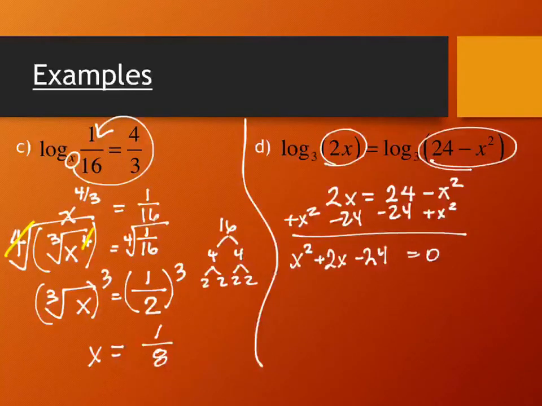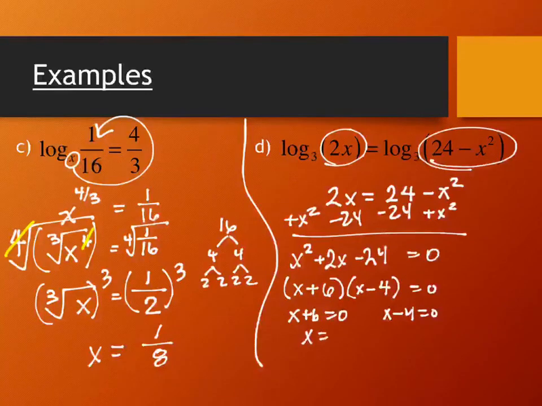We would factor this. Sorry, I'm trying to hurry to get you guys out, so just bear with me. x and x, 24. I need a positive and a negative since it's a negative 24. Positive 6 and negative 4. And if I set each one equal to 0, x is negative 6 and x is positive 4.